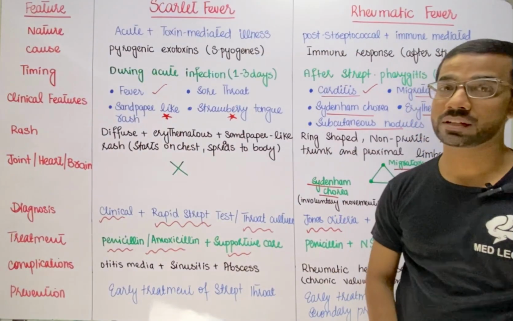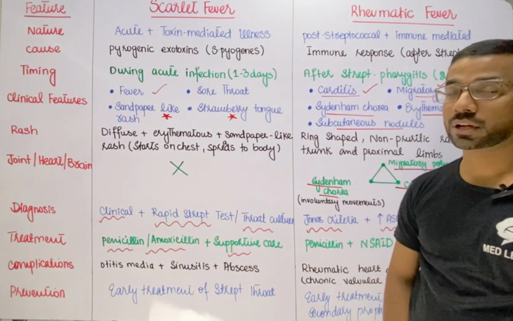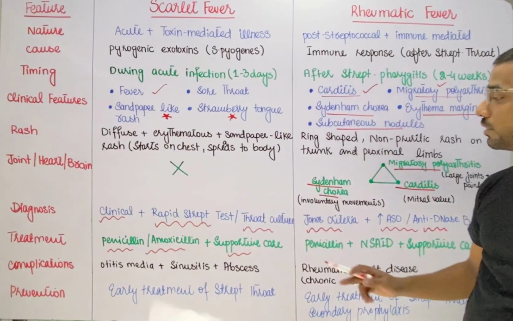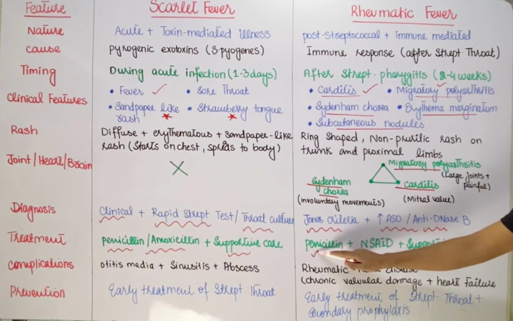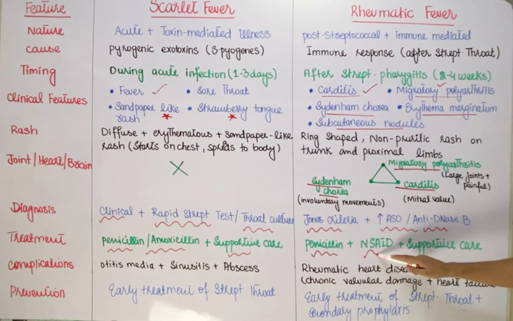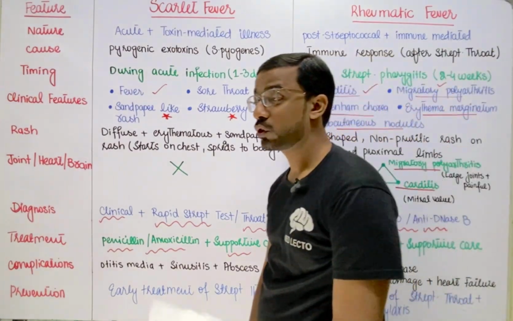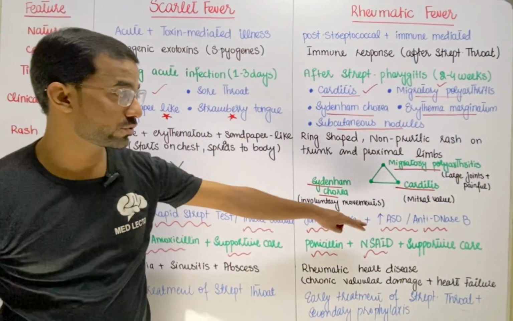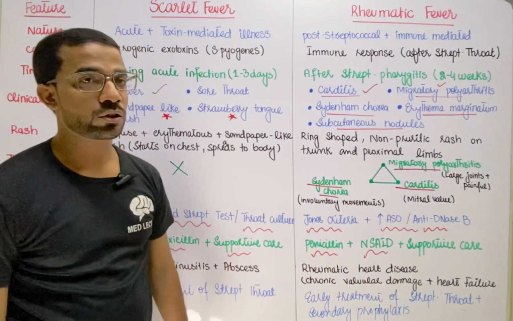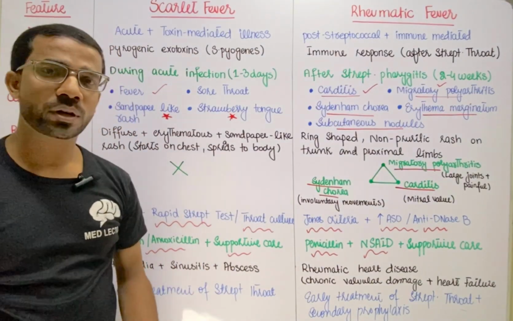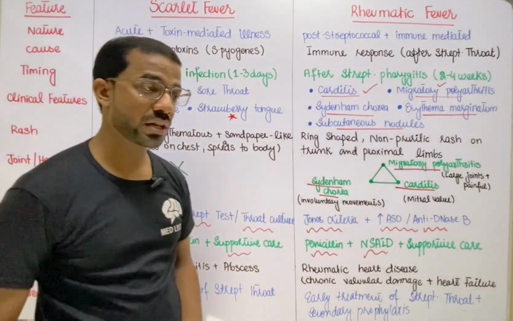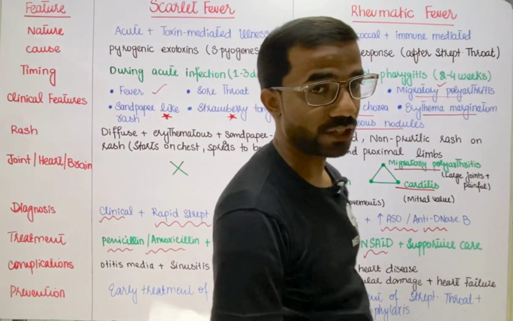These antibiotics can vary, but the first choice in scarlet fever is penicillin. In rheumatic fever, you will also use penicillin and NSAIDs, non-steroidal anti-inflammatory drugs, to reduce the inflammatory effects, along with supportive therapy according to how the patient presents.